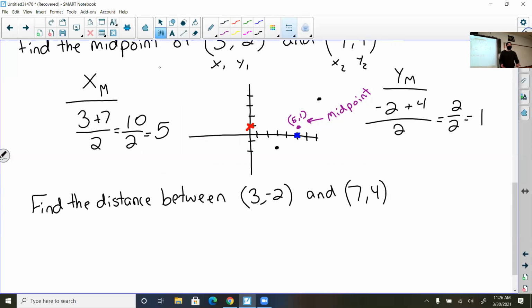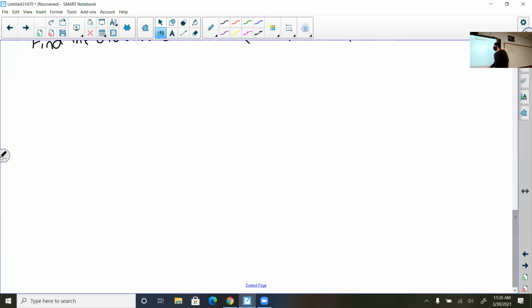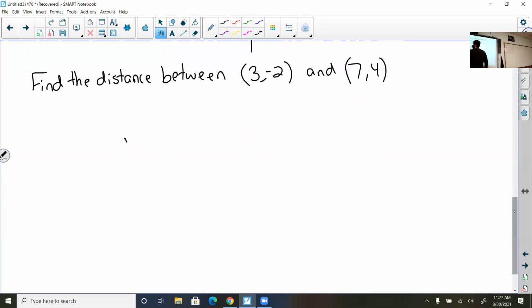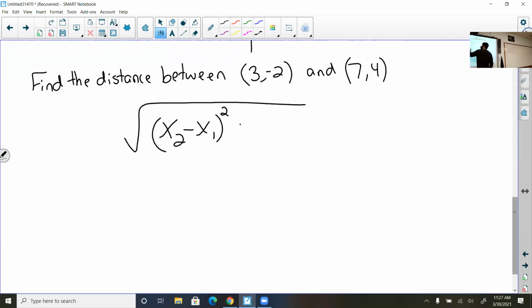If I want to find the distance between these two points, I would need to use that distance formula. Now, I did tell you that I never expect you to memorize it, so I'm going to go ahead and give it to you now. It's the square root of x sub 2 minus x sub 1 squared plus y sub 2 minus y sub 1 squared.